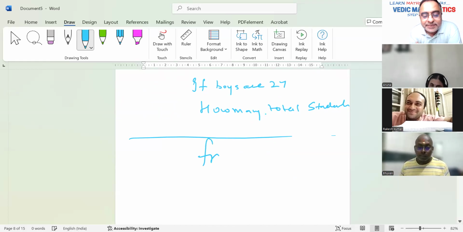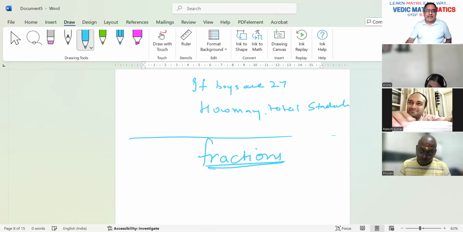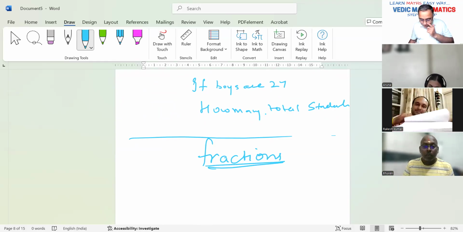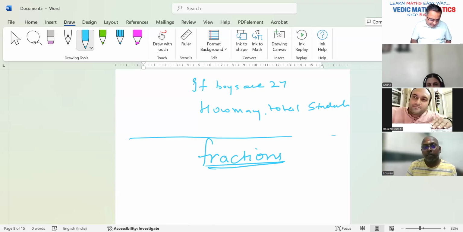Fractions. So what do you mean by fraction? A part of a whole. Yes, Rakesh, Aruna. It's the correct definition.